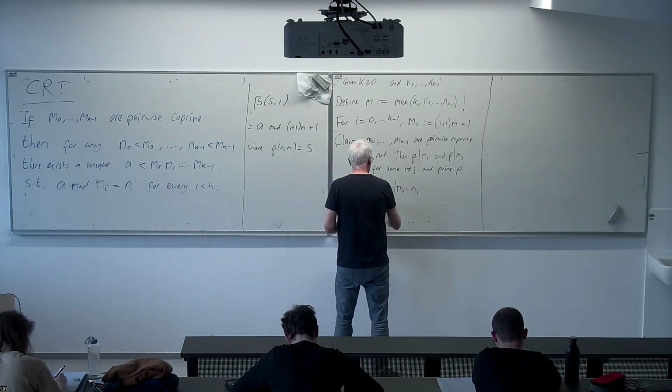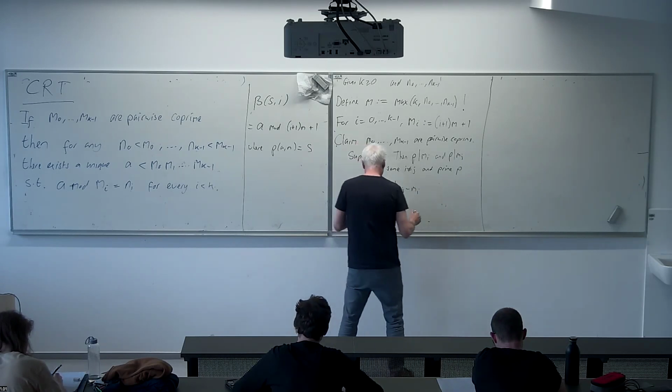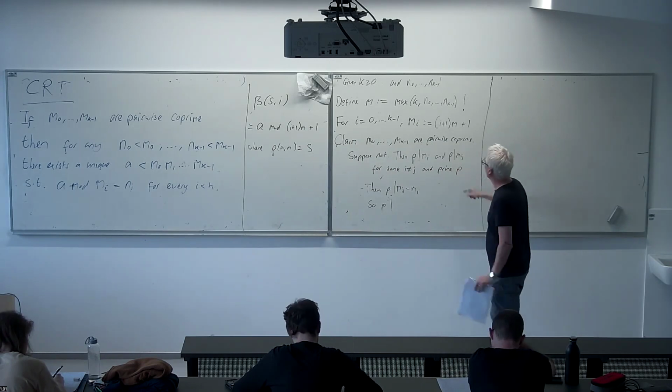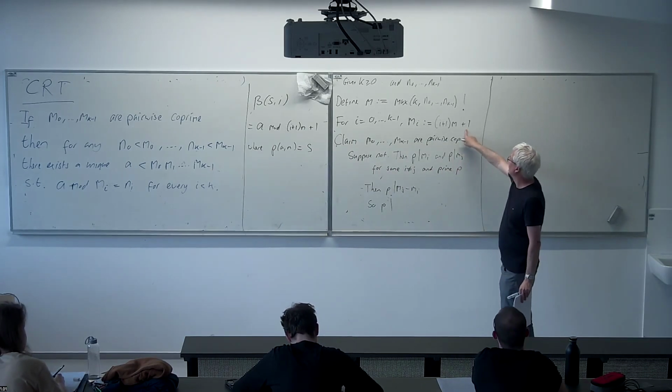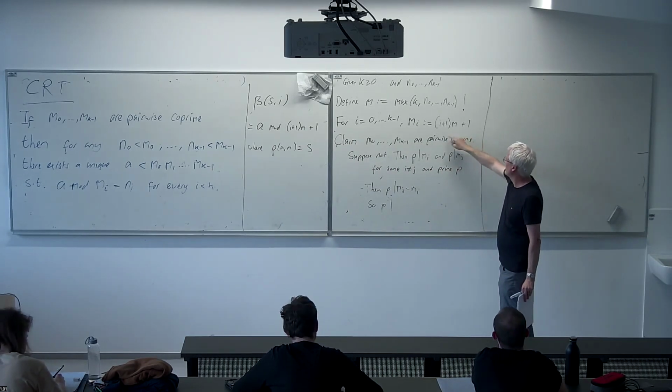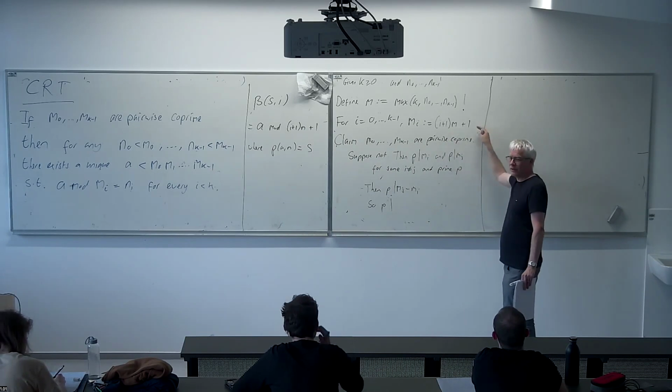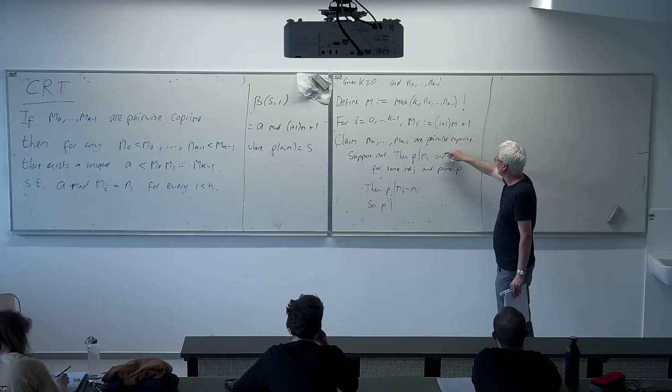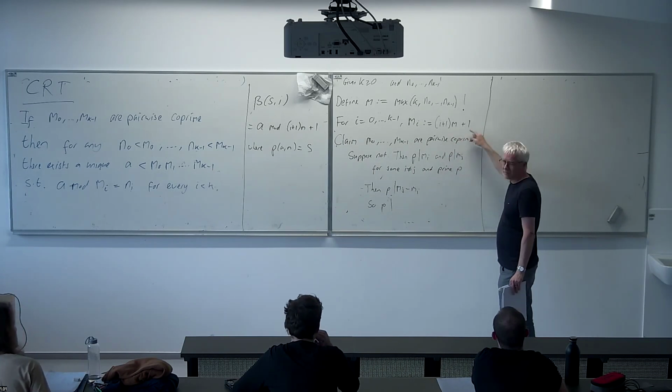So in other words, p divides mj minus mi, which is j plus 1 times m plus 1 minus i plus 1 times m plus 1.